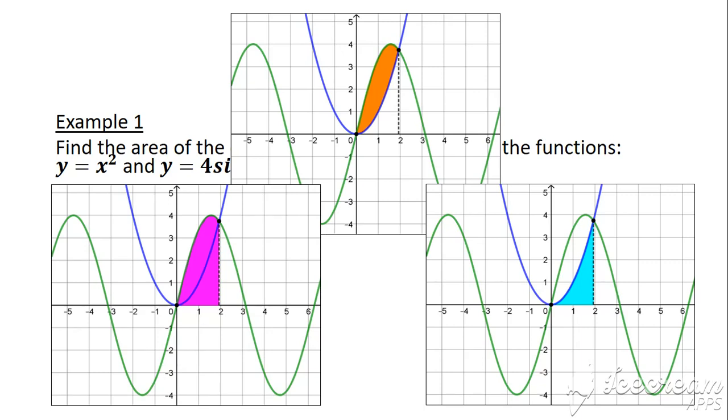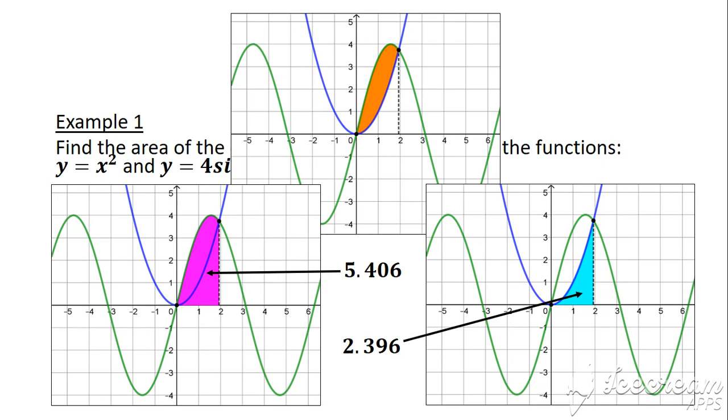Now let's put it all together and see if you follow some logic here. I started off working out the area of the pink section, moved on to working out the area of the light blue section, but I actually want the area of the orange region. So the area of the pink section I calculated to be 5.406.